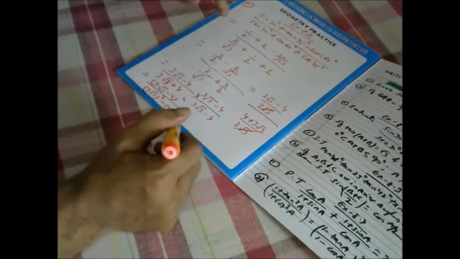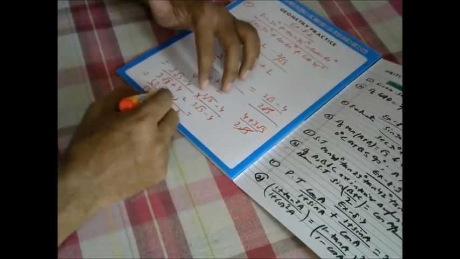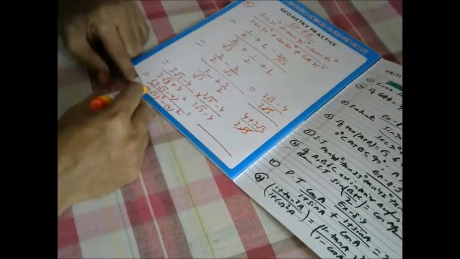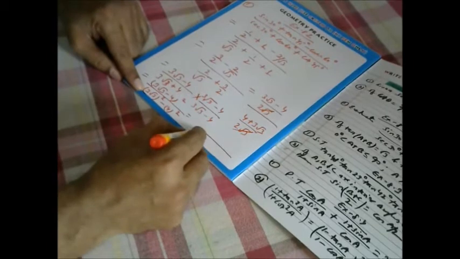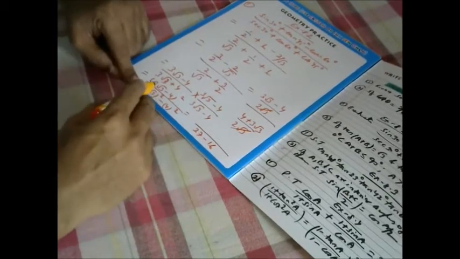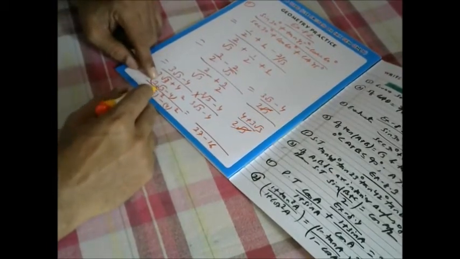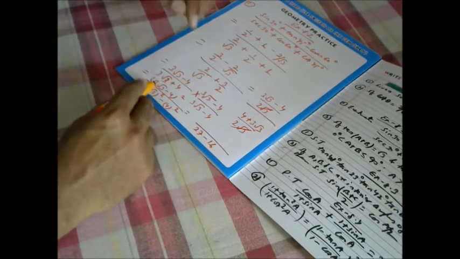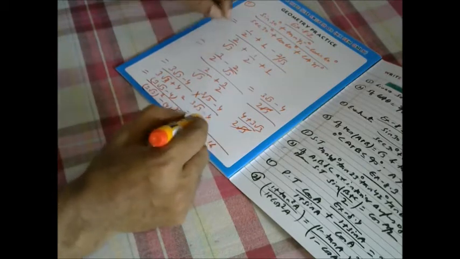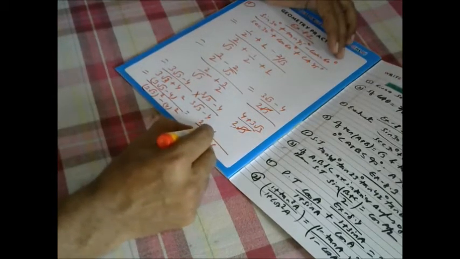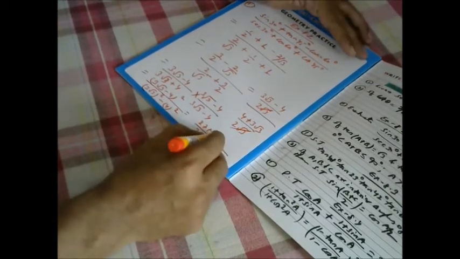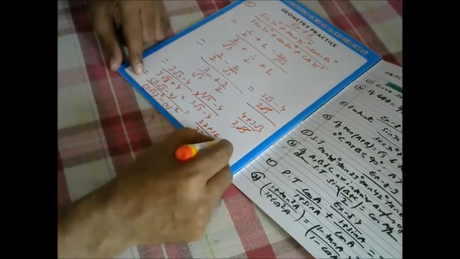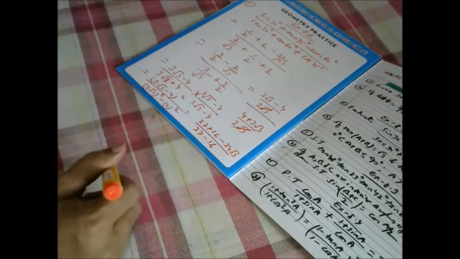In the numerator, a minus b whole square: a square is 27, plus b square 16, and minus 2ab, so 4 3 are 12, 24 root 3. The denominator becomes 9 into 3, 27, minus 16.